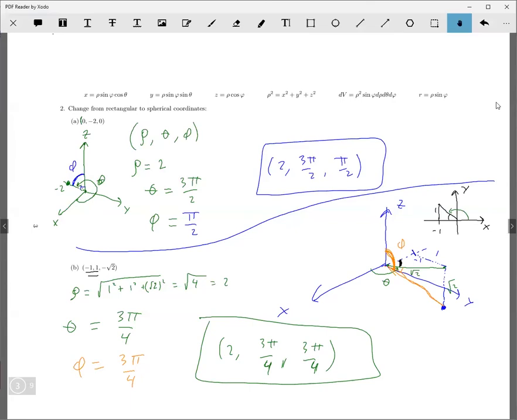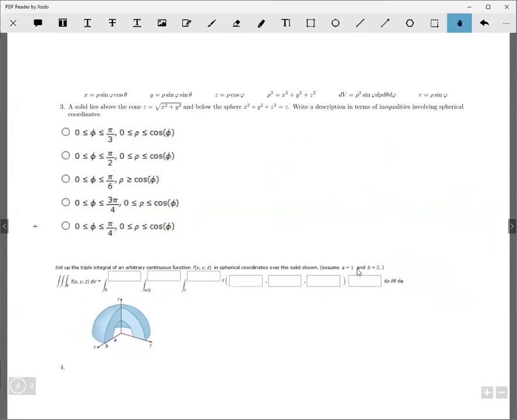Okay, let's look at the next exercise, number 3. Actually, number 4 is there also, but let's just do number 3 because we're kind of low on time. Solid lies above the cone and below the sphere. Write a description in terms of inequalities involving spherical coordinates.